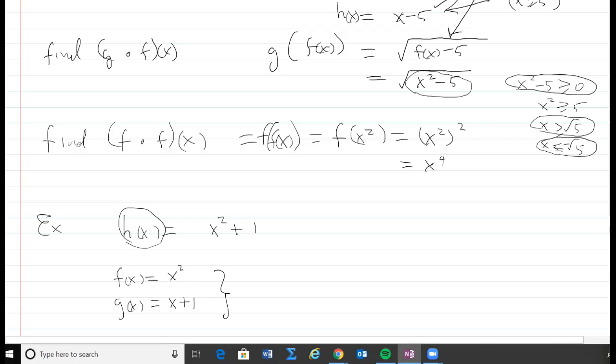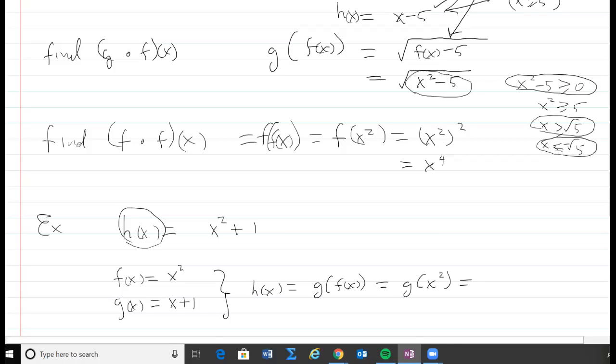Then we can see that one way to view h is as g of f. It's a composition, since this would be g of x squared.